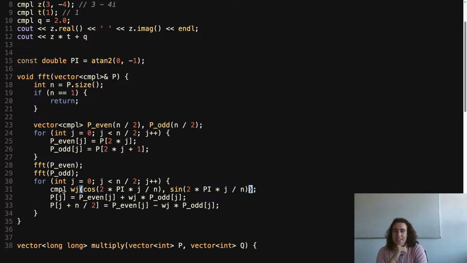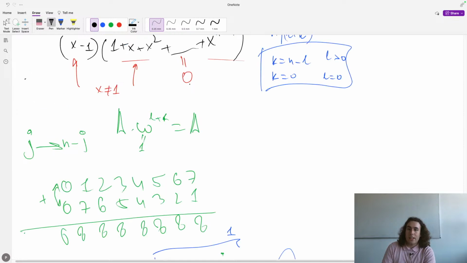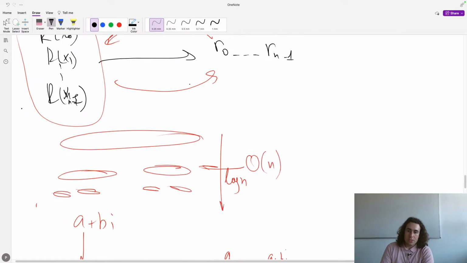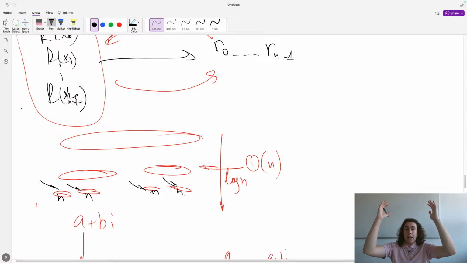But you can notice that these values only depend on the values n and j. And in our tree of recursion, there are a bunch of nodes where we have the same value of n. On one level of recursion, all values of n are the same. So we can pre-calculate it for all levels of recursion, and then we'll only need to calculate n of them. For the first level, there are n, then n over 2, n over 4, and so on. Let's do exactly that.